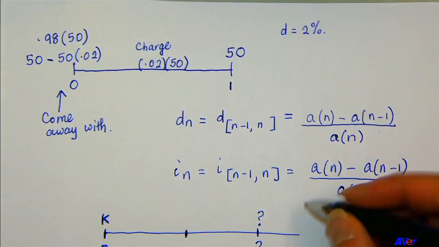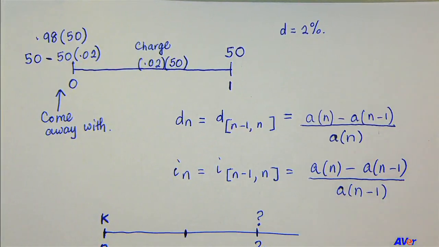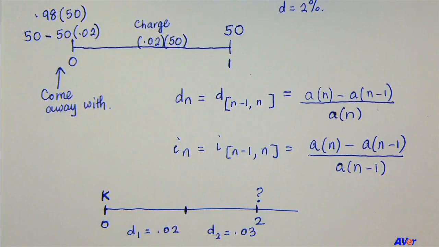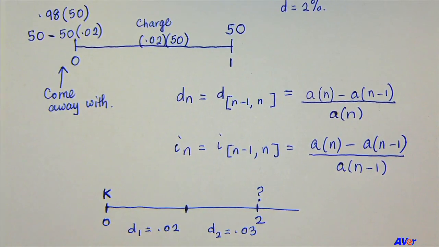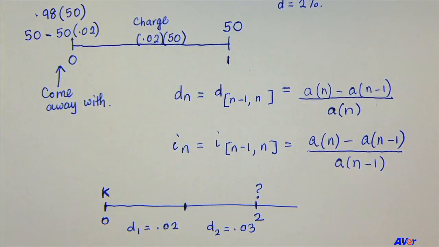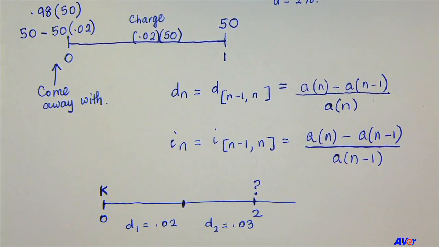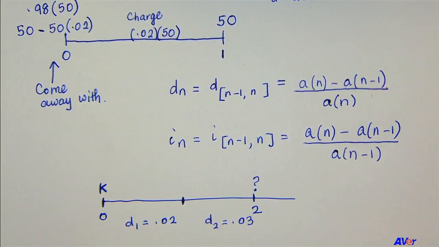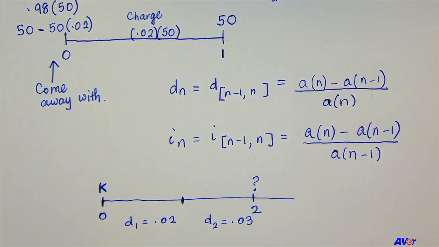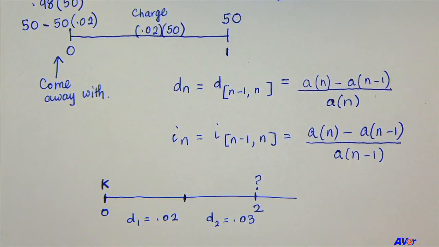So this would be, let's not forget the k, right, over here. So at time 2, I would have a k of 2, which is equal to k times (1 plus I1) times (1 plus I2).